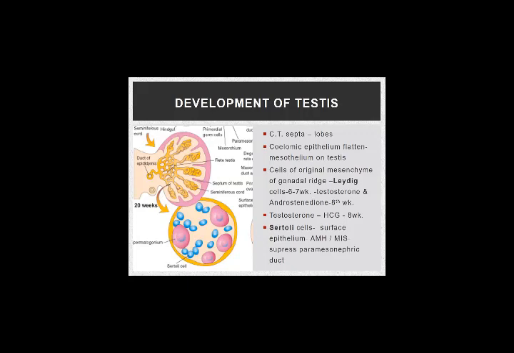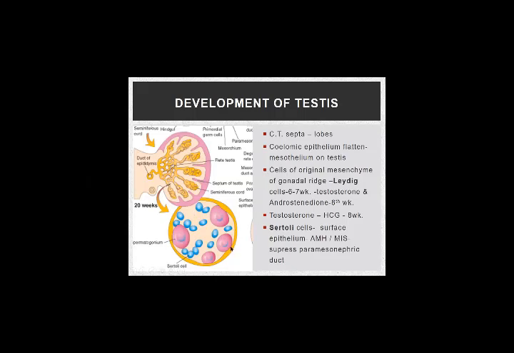Now this testosterone is under the influence of human chorionic gonadotropin. The testis produces testosterone from the Leydig cells under the influence of HCG. Okay? Human chorionic gonadotropin acts on Leydig cells. These Leydig cells produce testosterone and androstenedione.